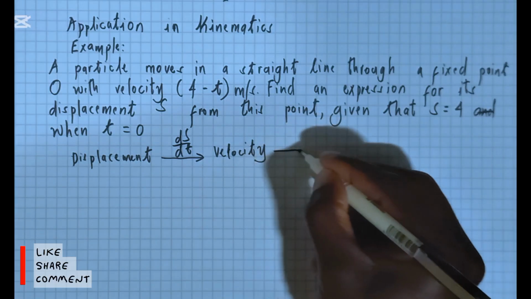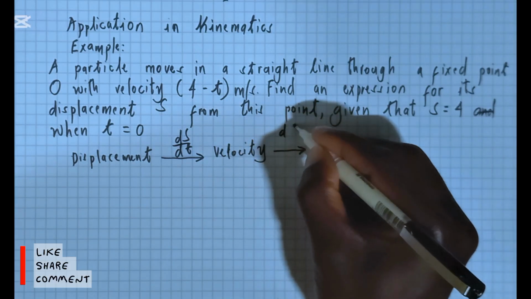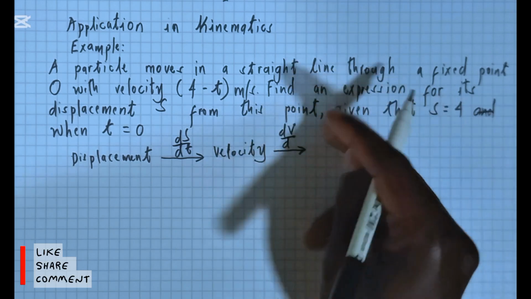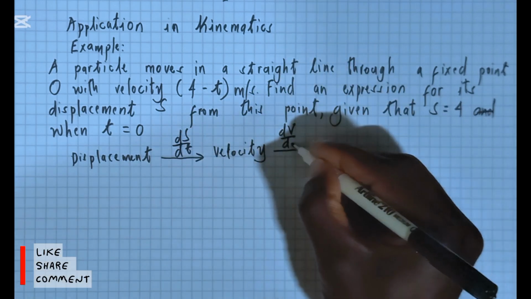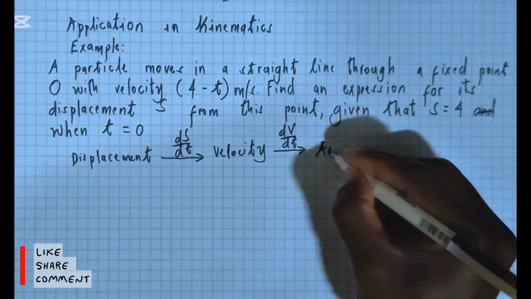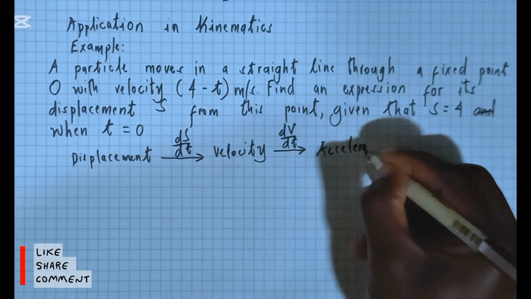And when you differentiate v, the function describing the velocity, with respect to time, you will get what we call an acceleration function.